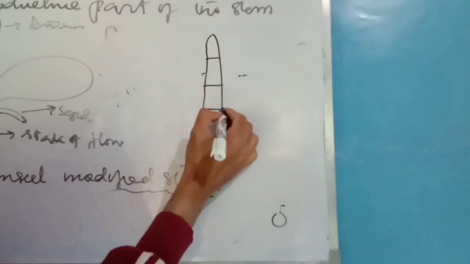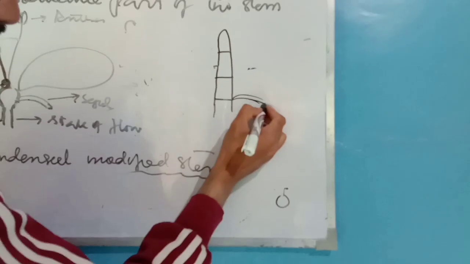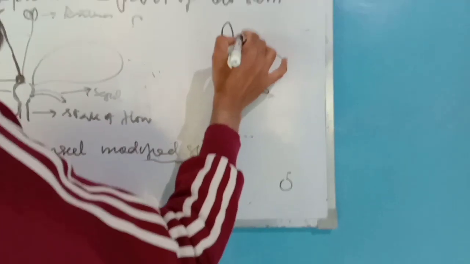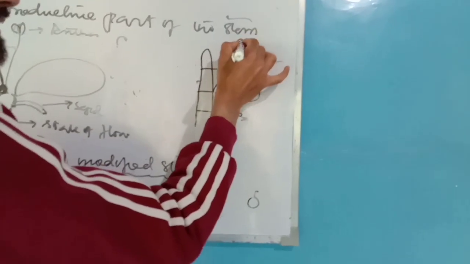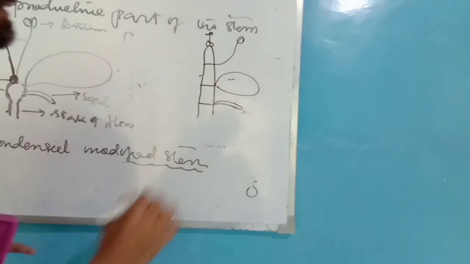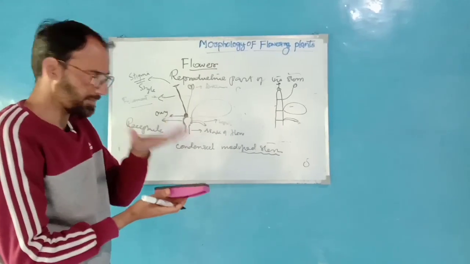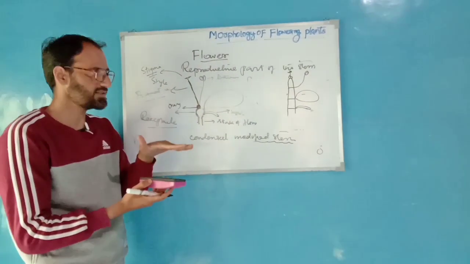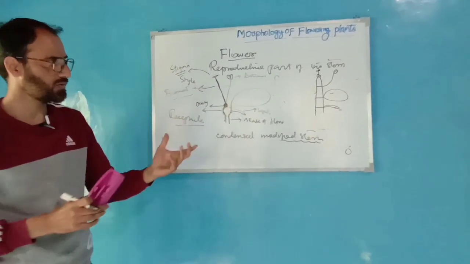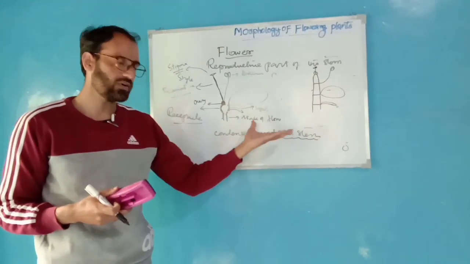From this node arises the sepal. From this node arises the petal. From this node arises the anther. From this, ovary and stigma, like this. When this stem is compressed and condensed, it will look like this. So that is why we call this a condensed modified stem.